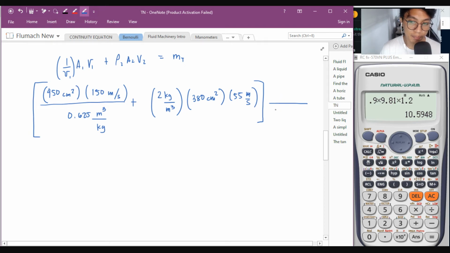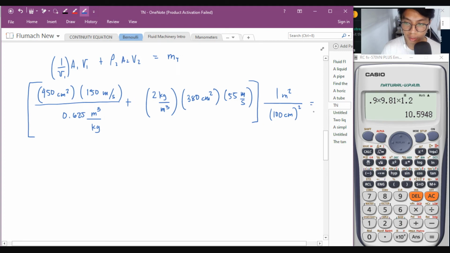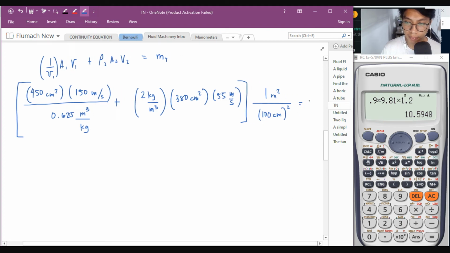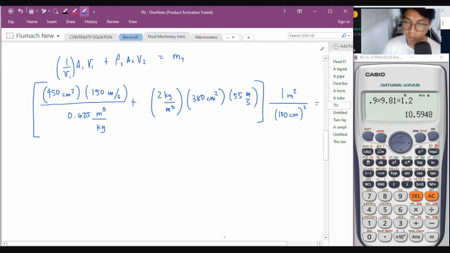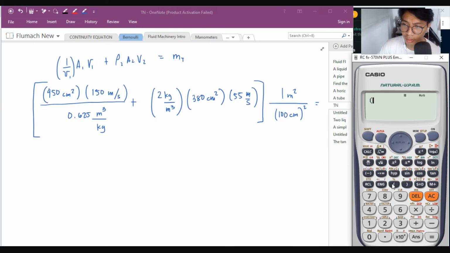You have 100 cm squared tapos 1 meter squared. Equal na natin to MT. Okay. So, pwede mo naman i-multiply yan. Buo na lang.